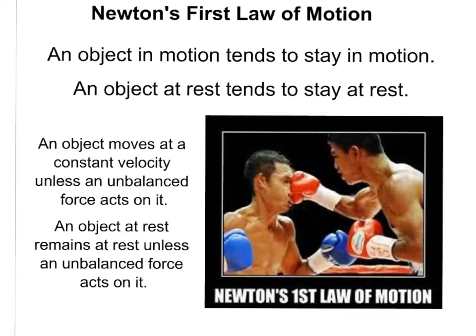You might also think this is strange because things do end up stopping. Even if you play pool, when the pool ball is rolling along, eventually it comes to a stop. Or if a ball is rolling along, eventually it comes to a stop, right? So how can you say they will continue going at the same velocity?